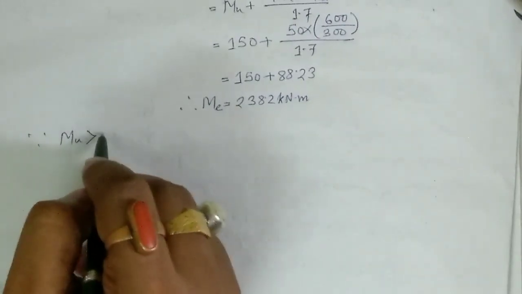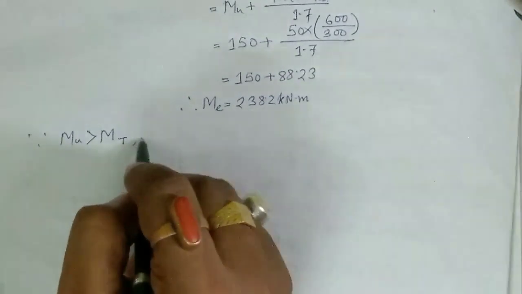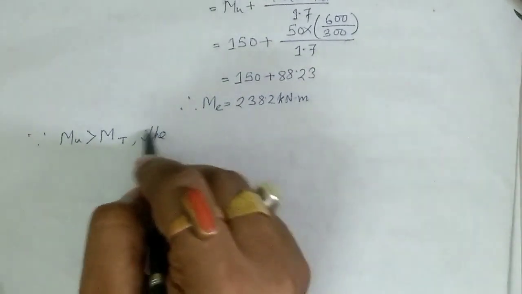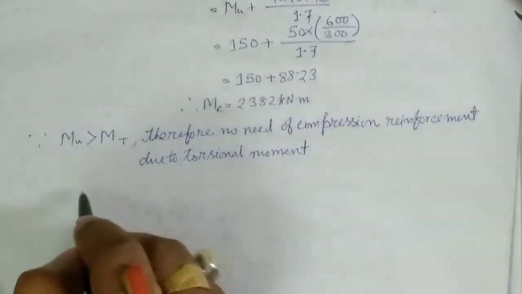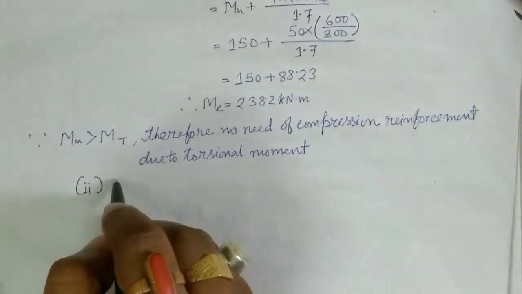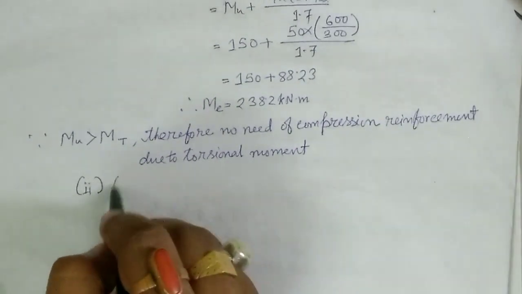Since in this case Mu is greater than Mt, there is no need of compression reinforcement. The next step is to calculate the area of steel required for the equivalent bending moment.